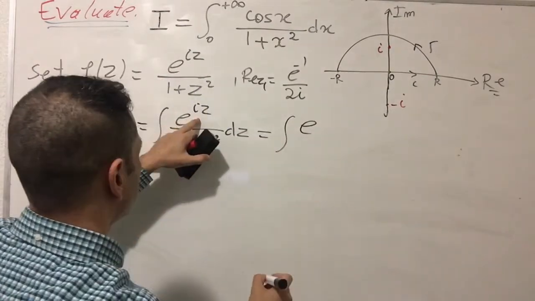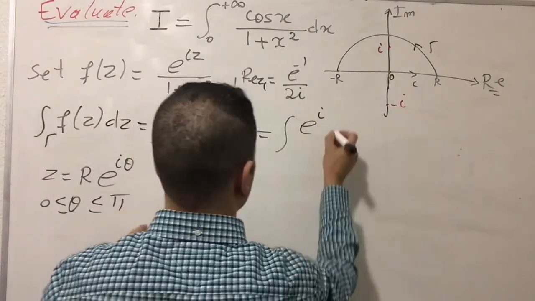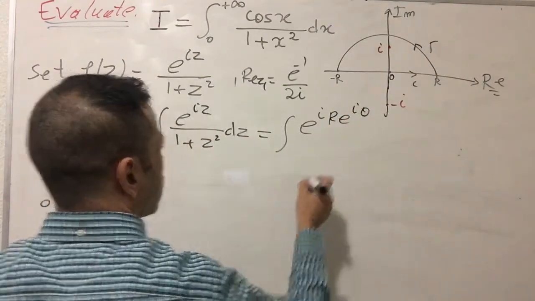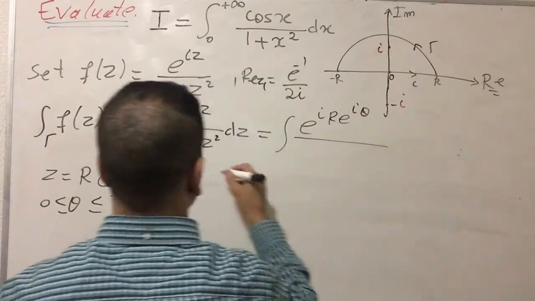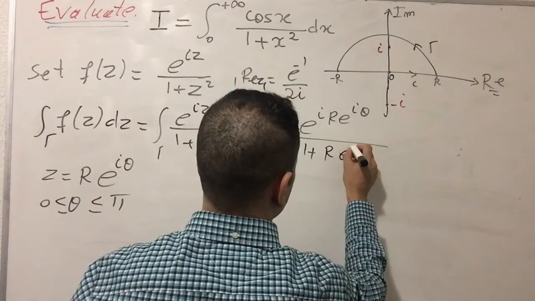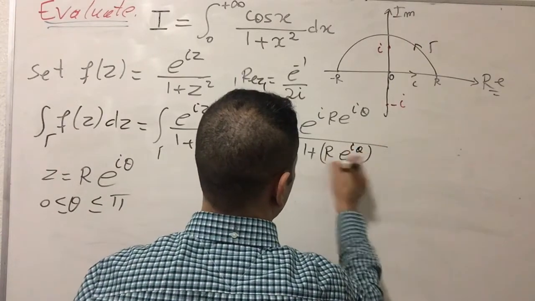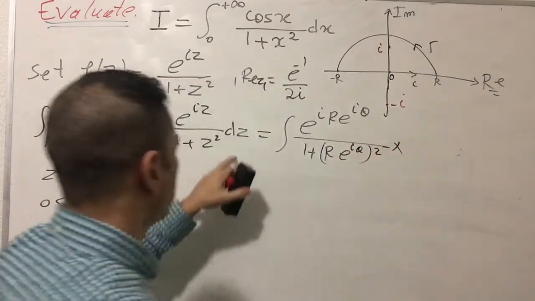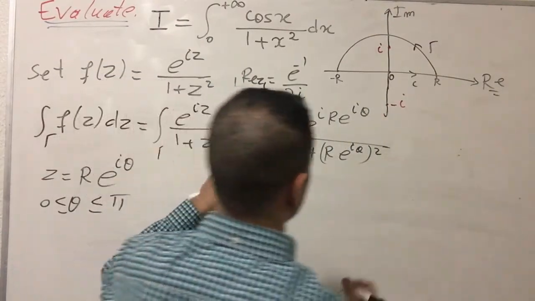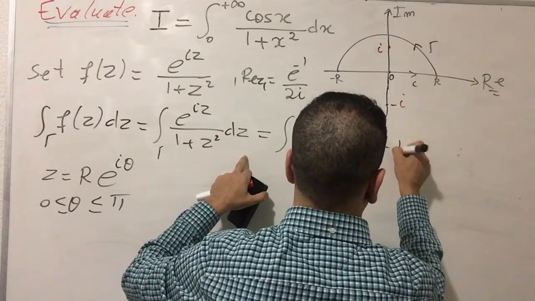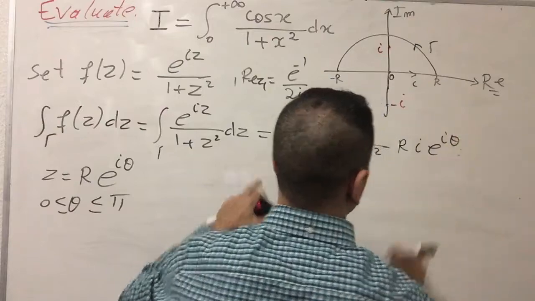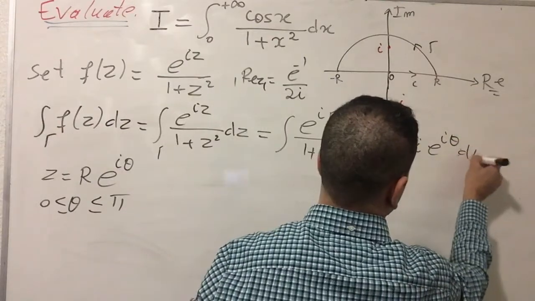I'm going to replace z with r e to the i theta: e to the iz over 1 plus r e to the i theta quantity squared. Then I'm going to differentiate dz in terms of theta, and I will have r multiplied by i e to the i theta d theta.